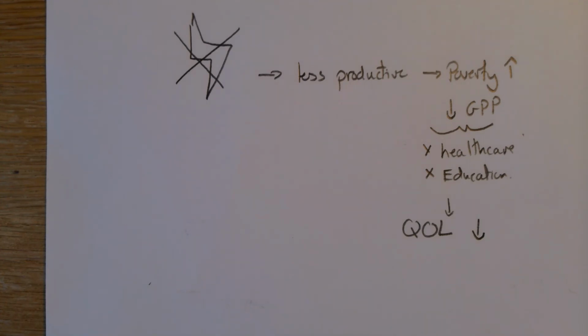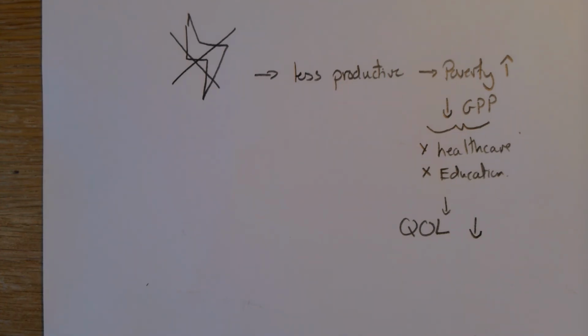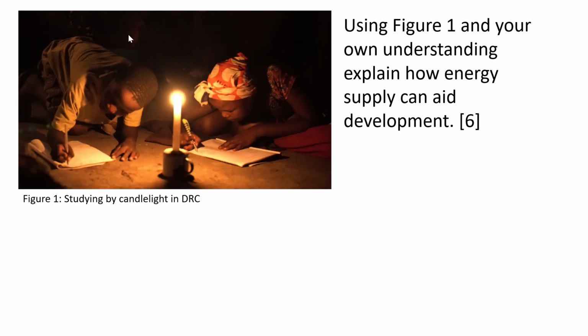Right, so this is energy. I'm going to pop back in just 1 second with a question for you to have a go at. Okay, so here's your question. We have a picture source to look at with a heading telling you what it is, and then it says, the question, using figure 1 and your own understanding, explain how energy supply can aid development.